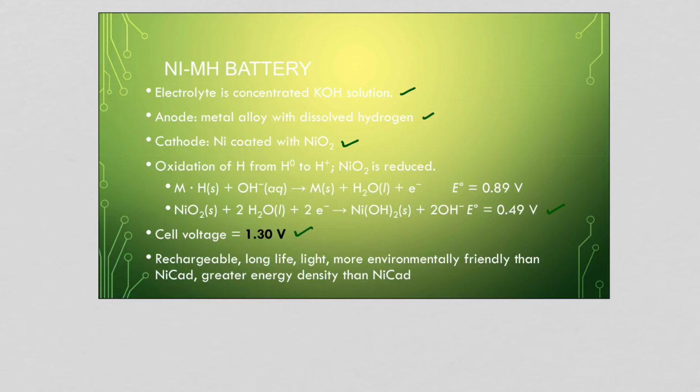So again, we have long life. These are fairly lightweight, much more environmentally friendly, and they actually have a greater energy density, because these metals are lighter weight than cadmium, which is a fairly heavy metal, and so you can get the same amount of voltage out at a lighter mass. That's where we're getting this energy density measurement.